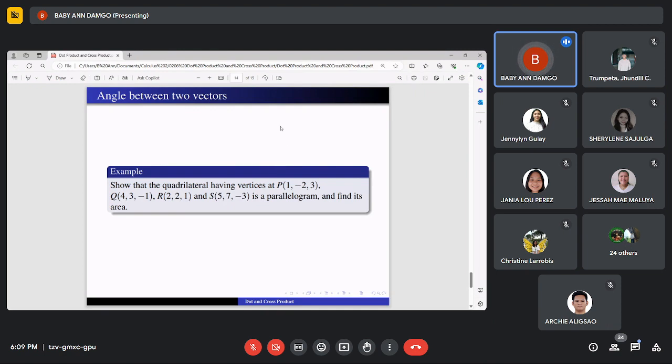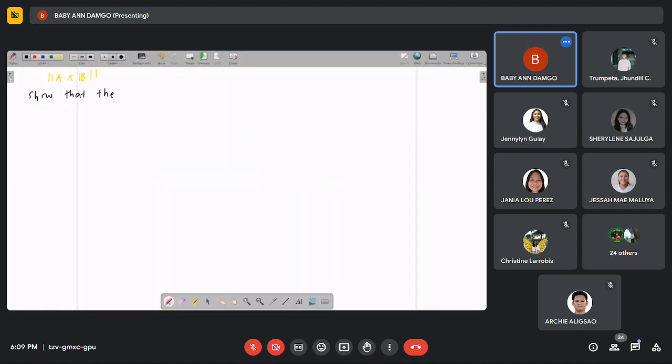So if we draw this, P is (1, -2, 3), Q is (4, 3, -1), R is (2, 2, 1), and then we have S as (5, 7, -3).